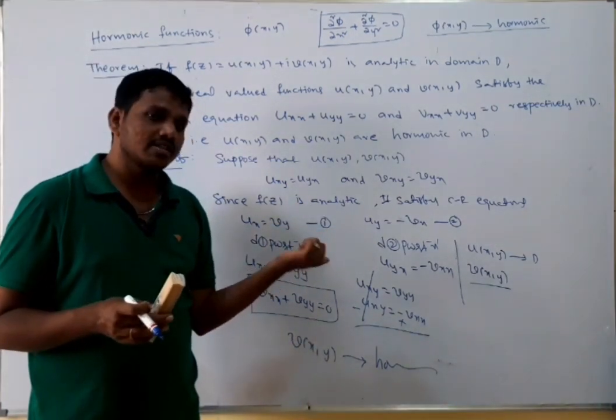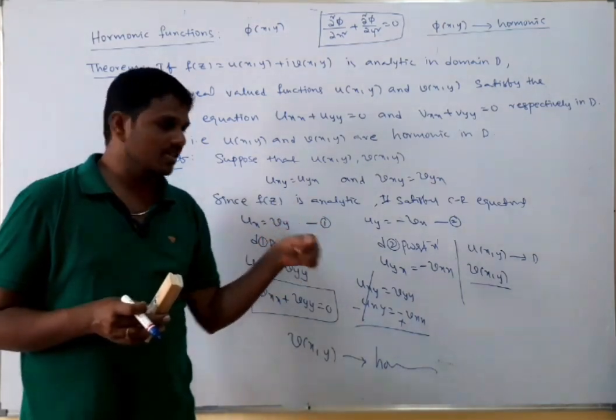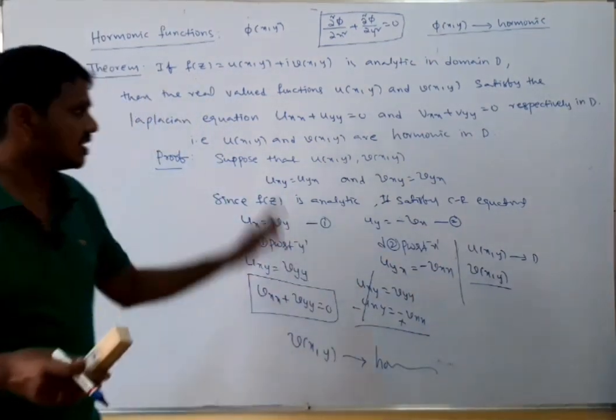If v of x comma y is harmonic, the harmonic conjugate of v of x comma y is u of x comma y. This is the theorem, right?